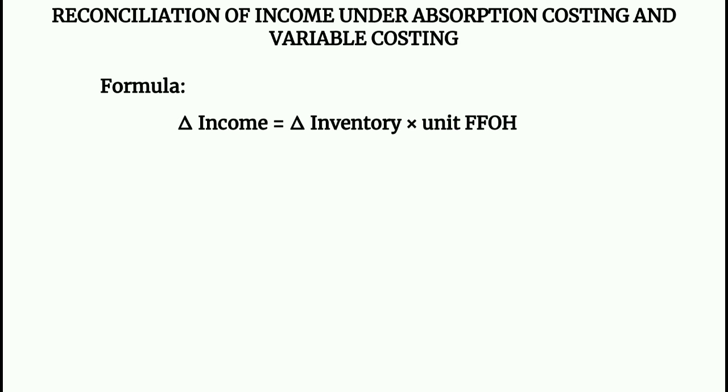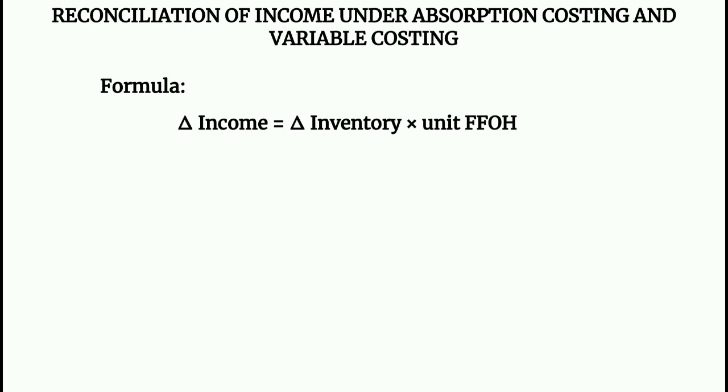The reason why kailangang i-multiply yung unit fixed factory overhead is that basically, may difference ang net income under absorption costing at net income under variable costing kasi nga magkaiba sila ng treatment sa fixed factory overhead.